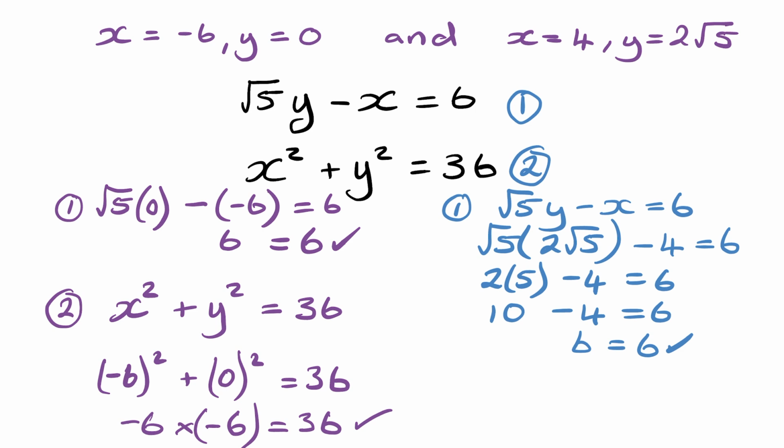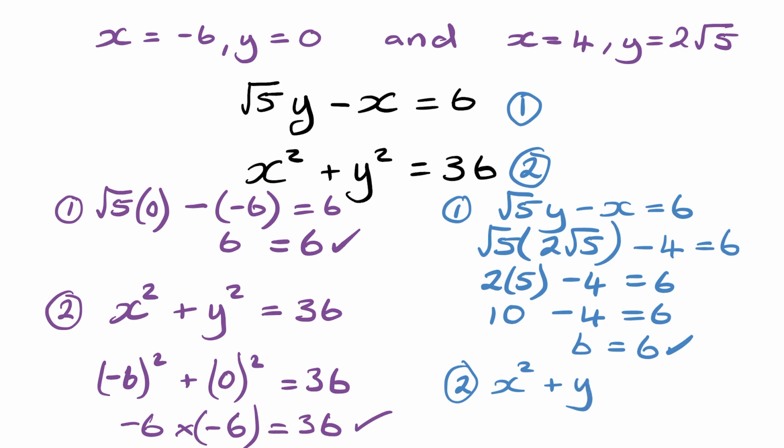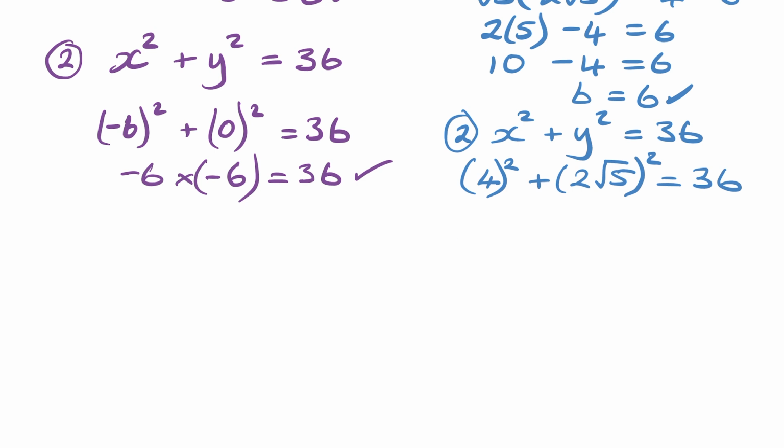And lastly, we're going to put these into the circle graph. That was equation 2, which was x squared plus y squared equals 36. Does 4 squared plus 2 root 5 squared equal 36? The 4 squared is 16, plus 2 root 5 squared.